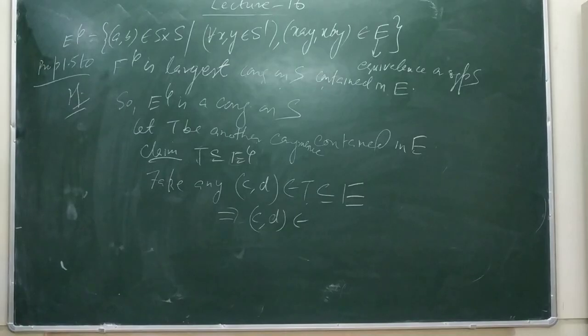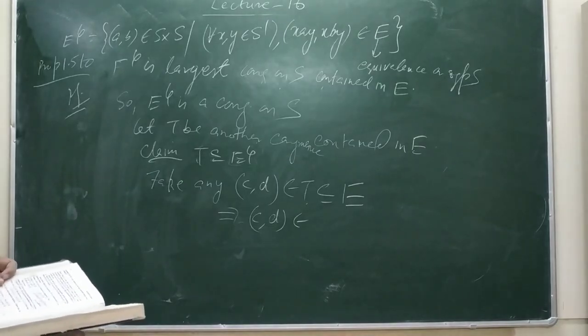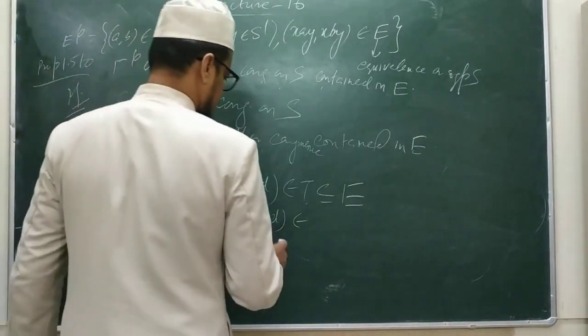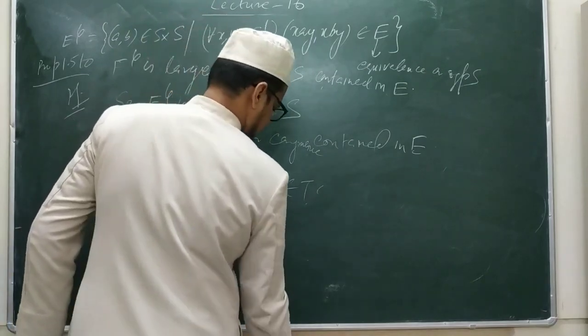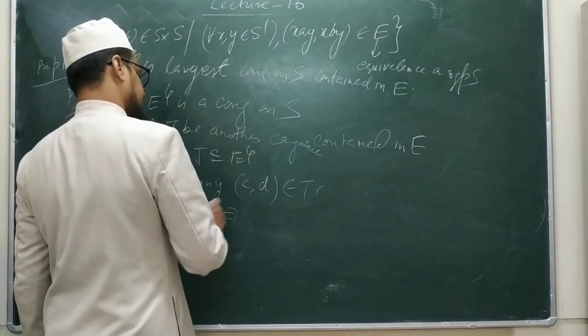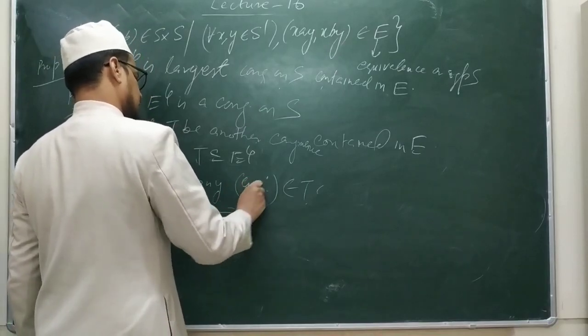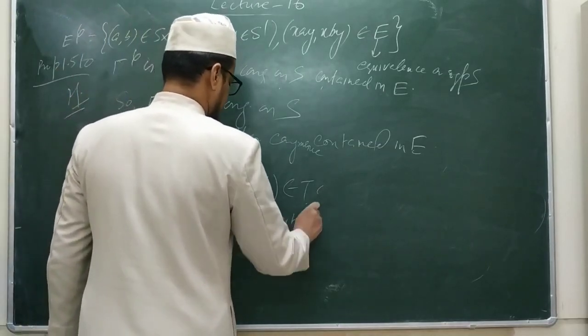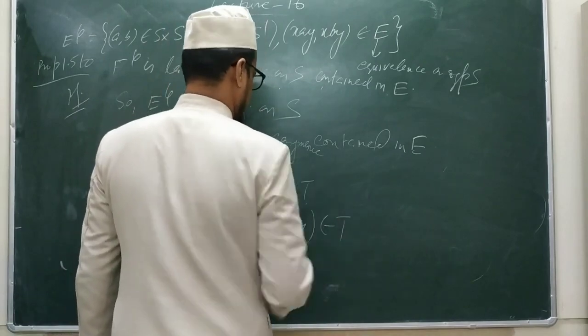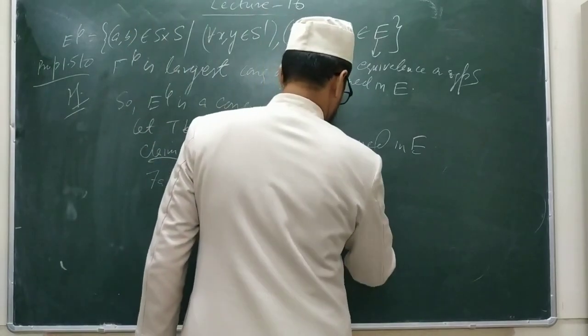Now you see, T is a congruence, so we take A comma B in T. It implies that XAY comma XBY also goes in T, and T is contained in E.